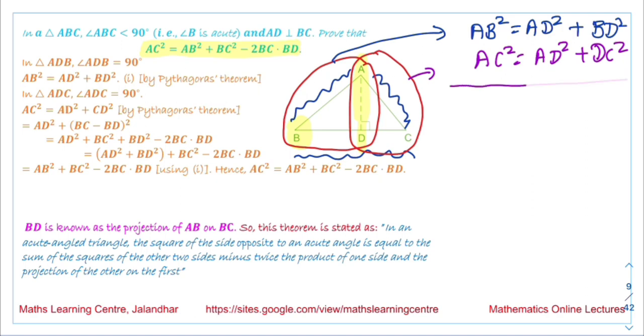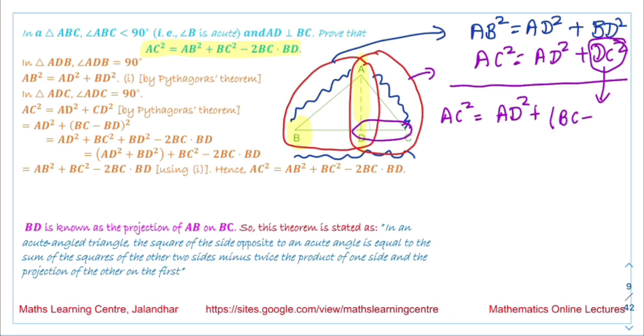Now in place of this DC square, we are writing AC square equal to AD square plus, since this side is DC, in place of DC we can write BC minus BD whole square.